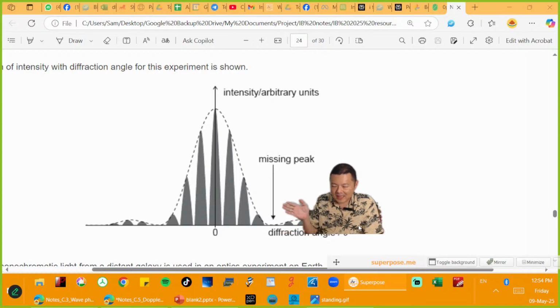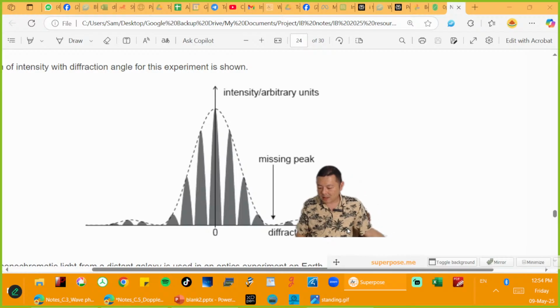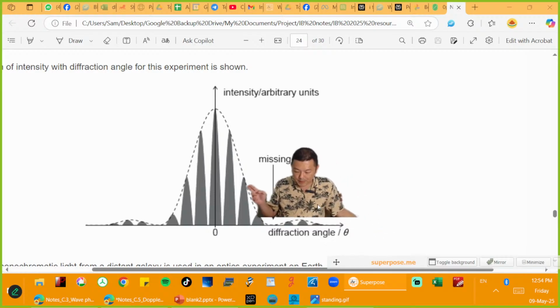So this one here is double slit, right? Double slit with single slit modulation, correct? Modulated by single slit. So what happens is, for example with this one here, which peak is missing?